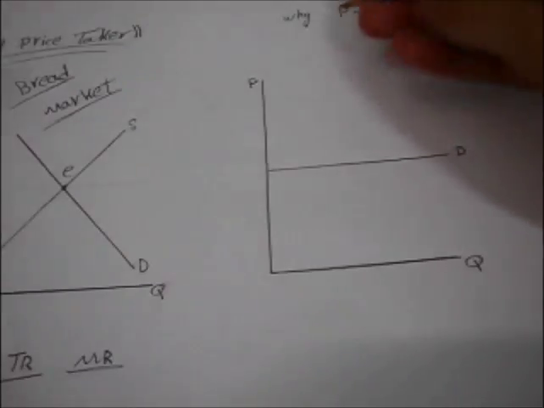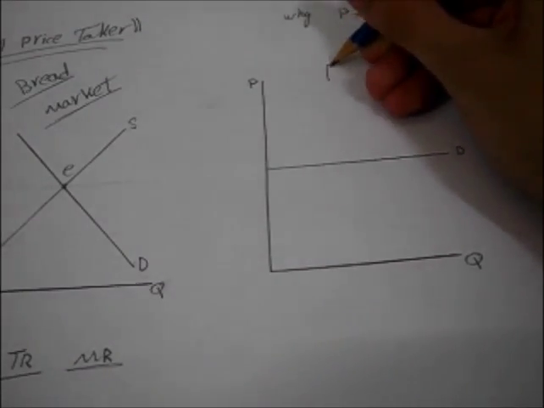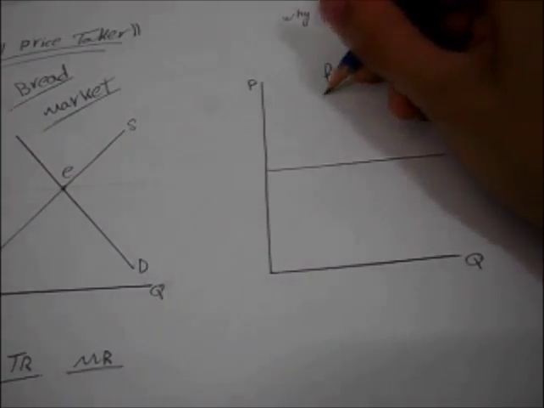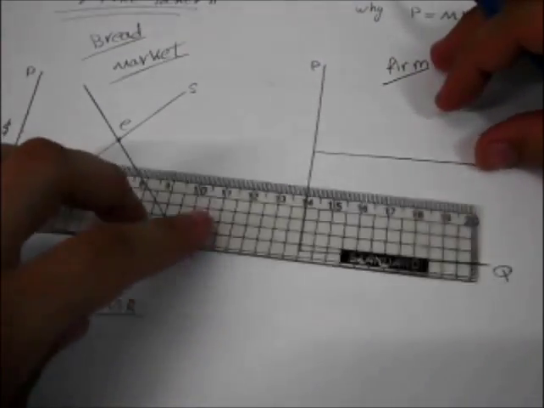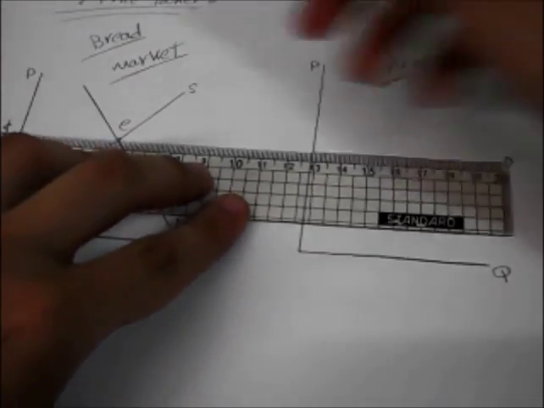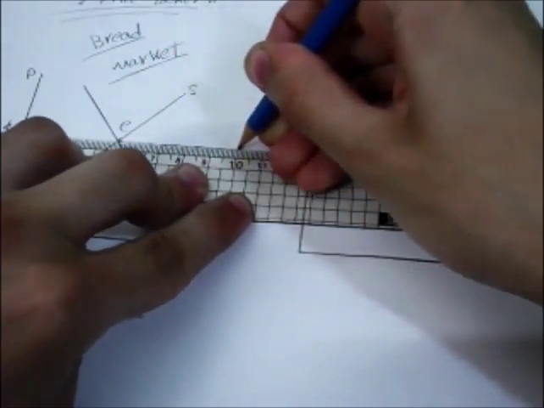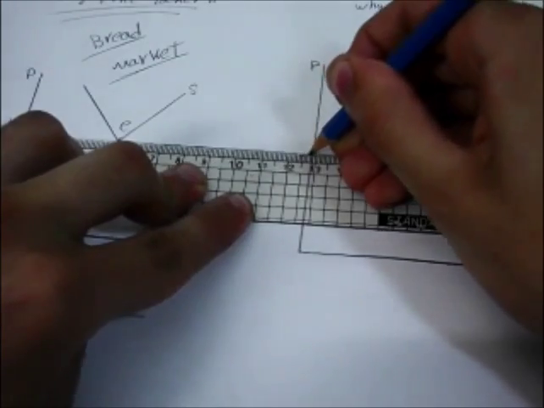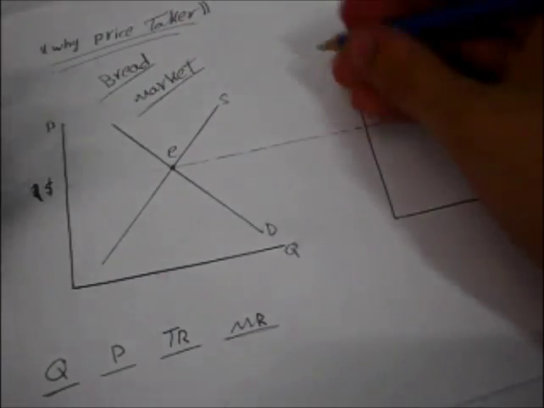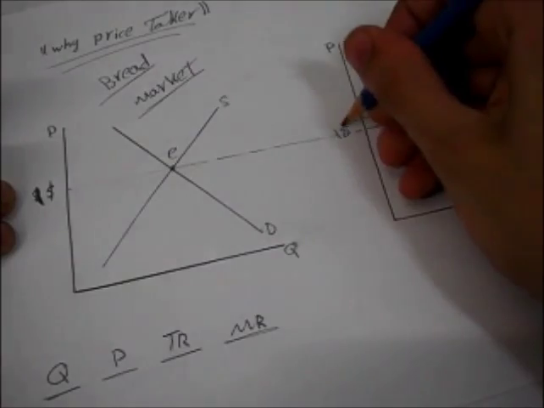So basically, the firm or the seller will just take the price as it is from the market. Here's the market, and the firm will simply take the price as it is and start operating under this price.